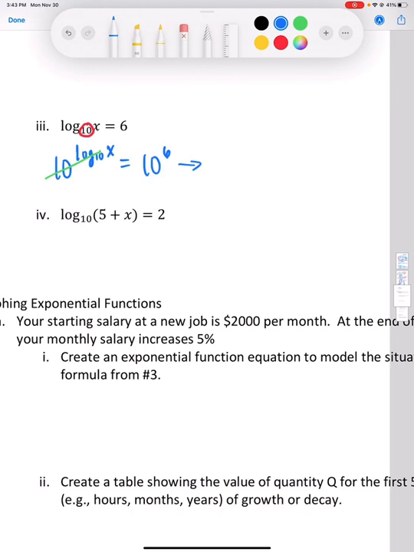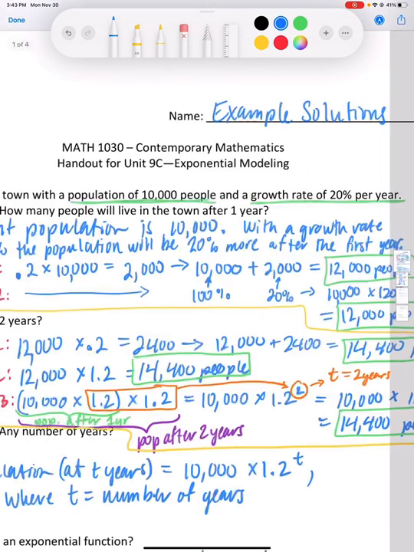And we have x just by itself, and so that's why we raised it to the power of 10. So x is going to equal 10 to the 6th, which we can calculate with our calculators or with the knowledge that 10 to the 6th is 1,000,000.